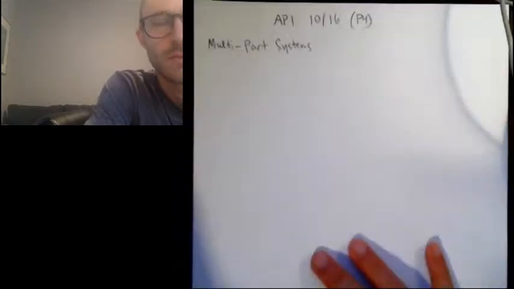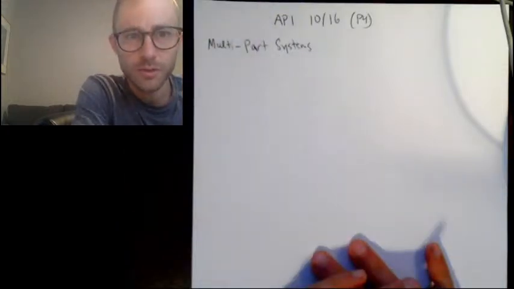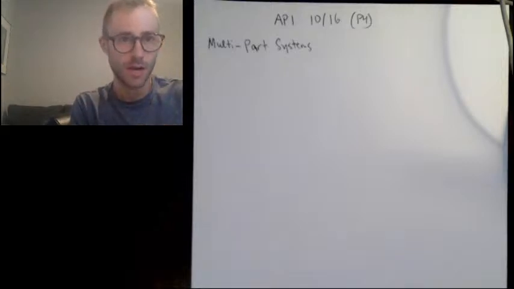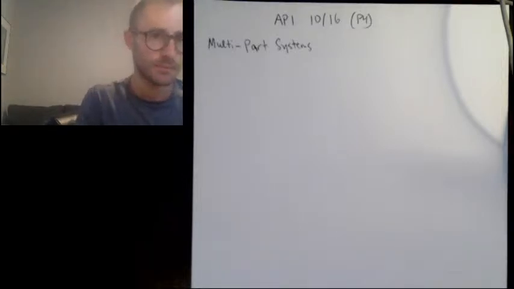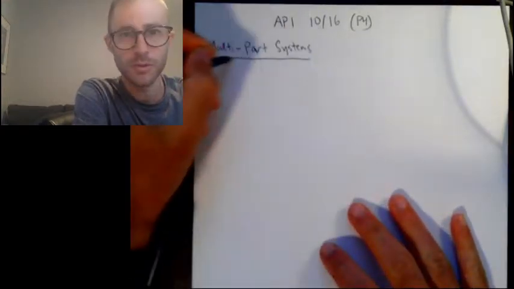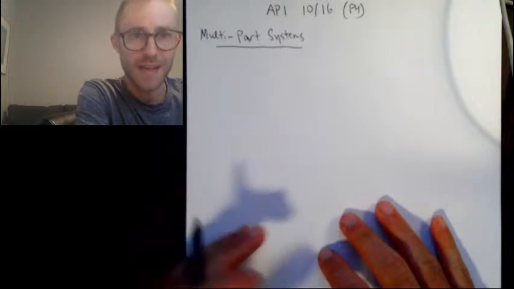Focus. So a multi-part system is just a system where there's more than one object interacting. Okay. And so a really good example of a multi-part system is something called an Atwood machine.